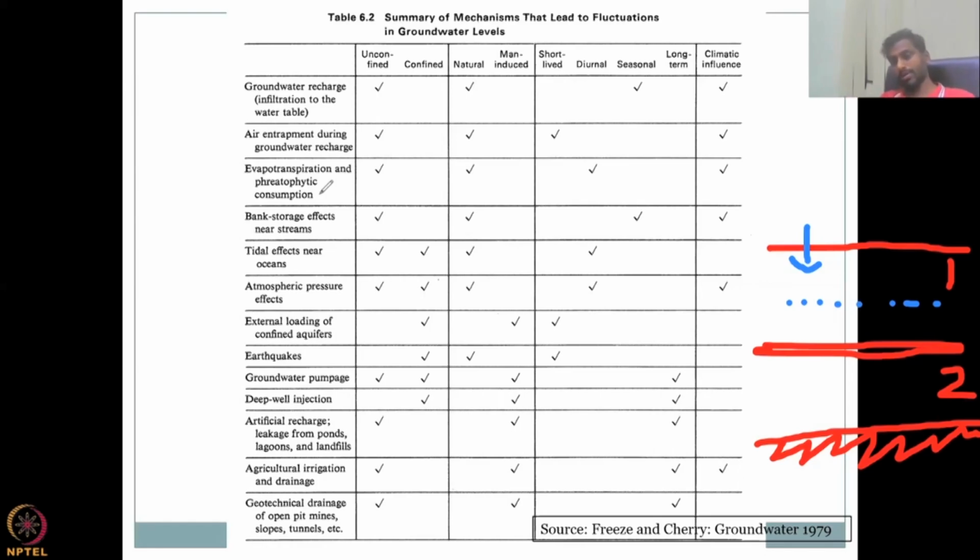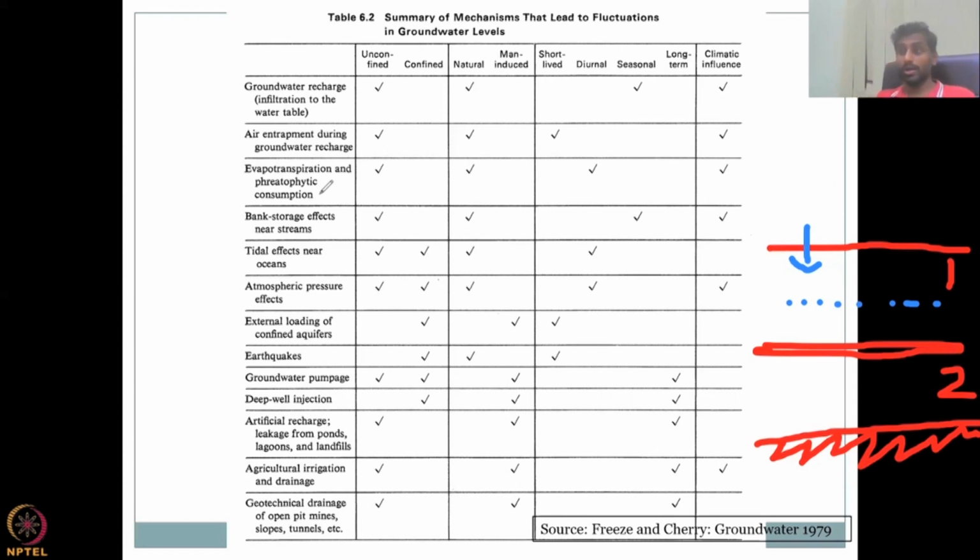Then when rainfall happens suddenly, before the air can escape, a big rainfall pushes the air bubble inside, so the air bubble gets entrapped. But the entire fluctuation of the water table is short-lived. It just blips and then comes down.